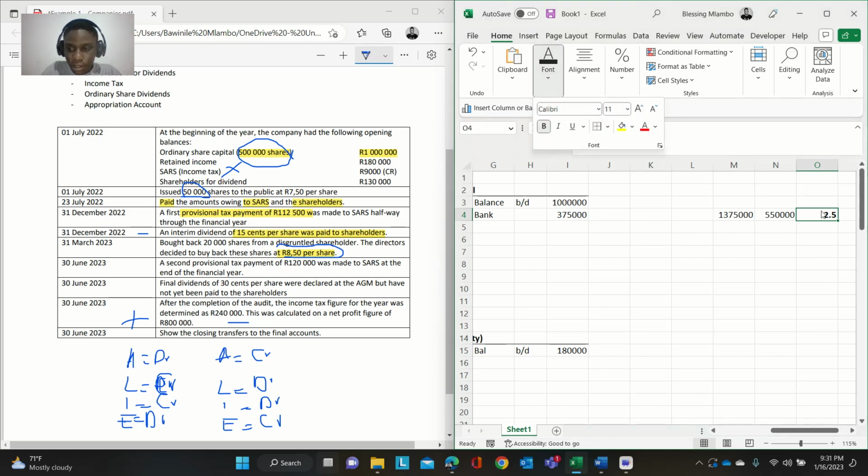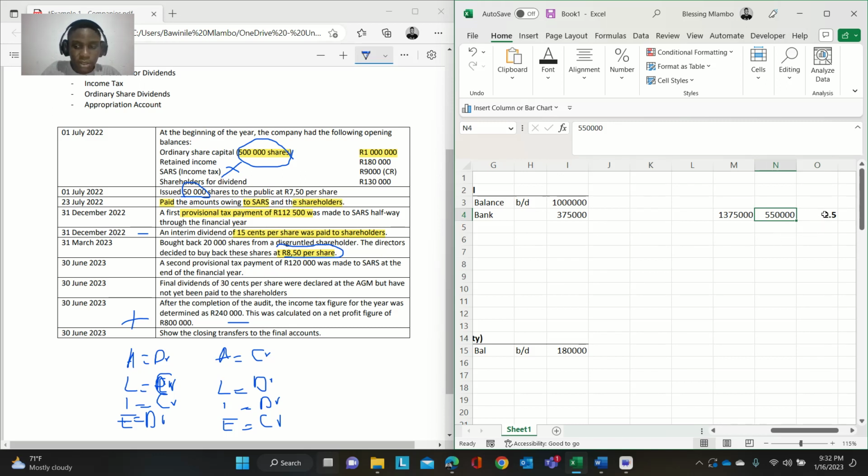So let's walk through that again. To calculate the average price per share, which you're going to decrease the ordinary share capital account with, you take the opening balance value, add the value of any share issues during the year before the buyback, and then divide by the total number of shares in issue at the date of buyback.